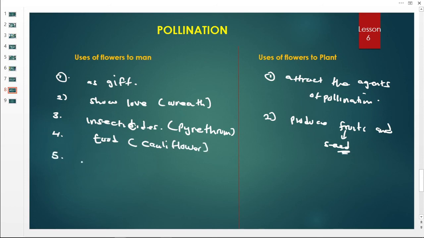Number five, we can sell them and get money. So they are sold, and people get money after selling them.